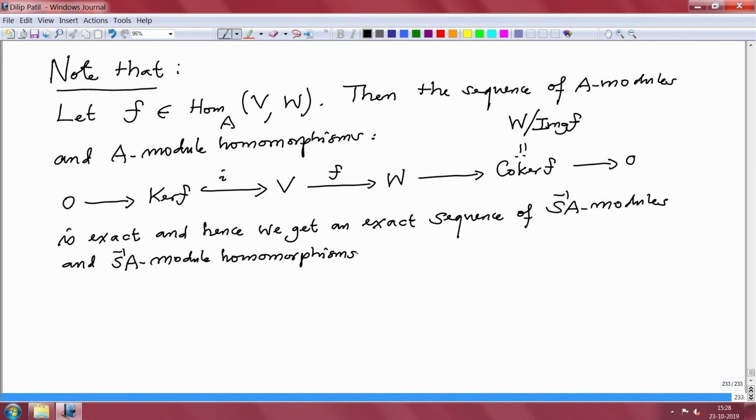So, before I write that sequence, I want to explain why this sequence is exact. So, we have to check exactness at these places.